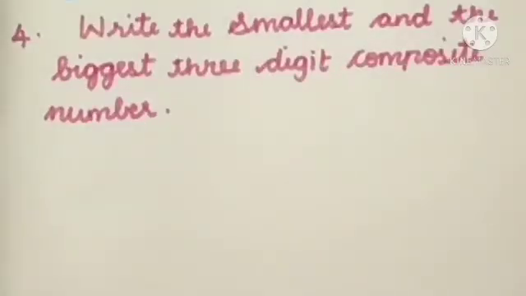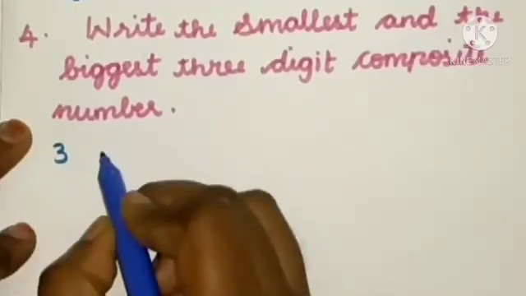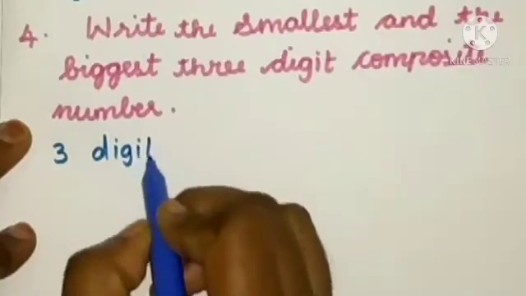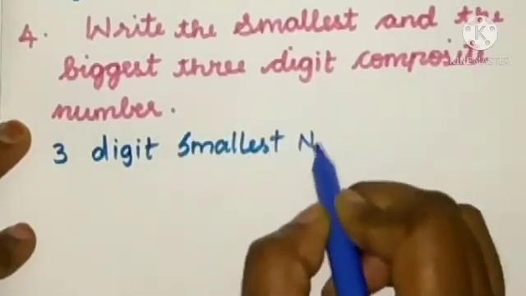Then the fourth question is, write the smallest and the biggest three-digit composite number. Students, as you already know, what is meant by composite number? Yes, a number having more than two factors is called a composite number. Three-digit smallest number.